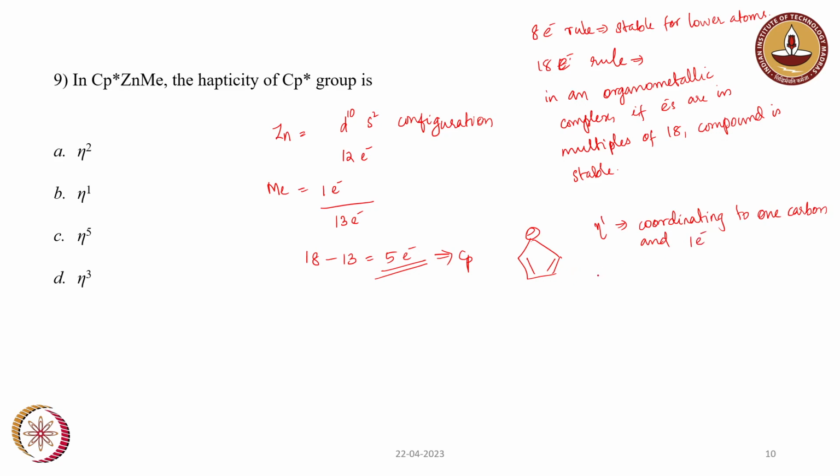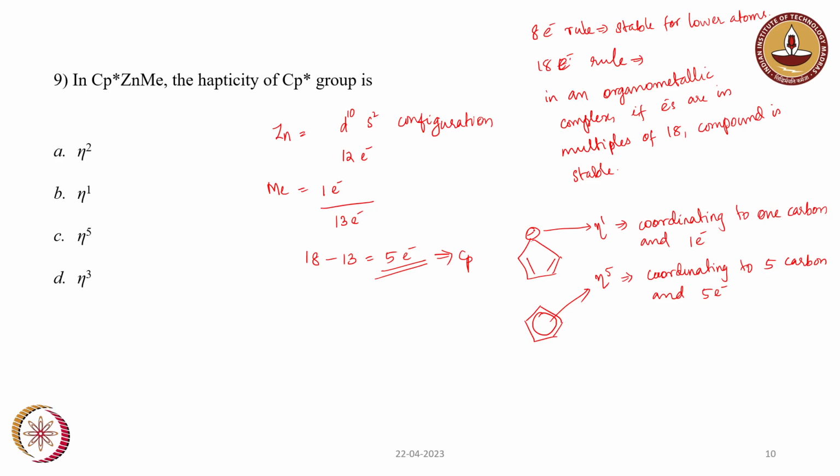And eta 5 means coordinating to 5 carbons, and it will give 5 electrons. So this is eta 1, and this is eta 5.